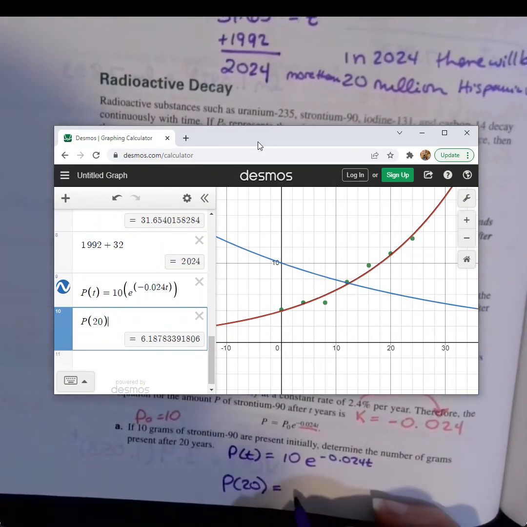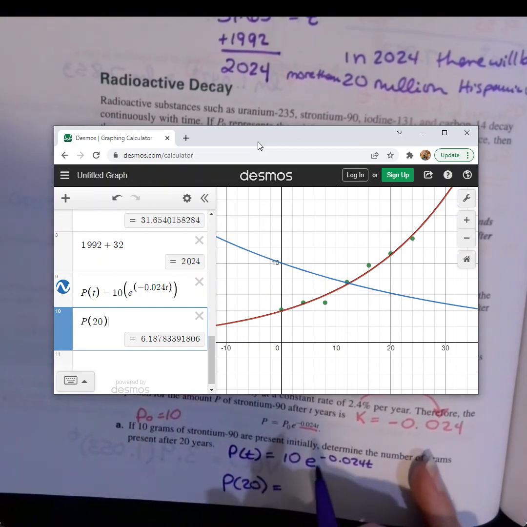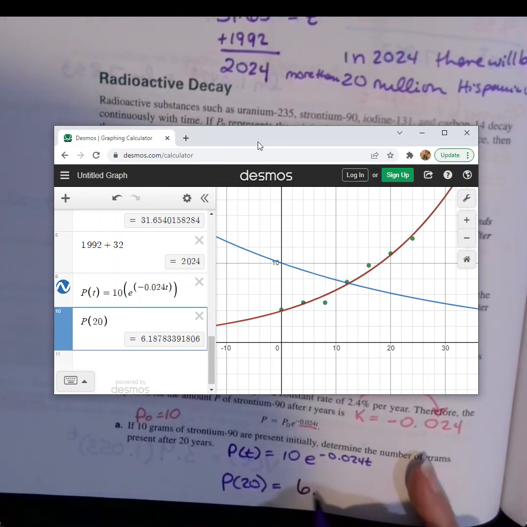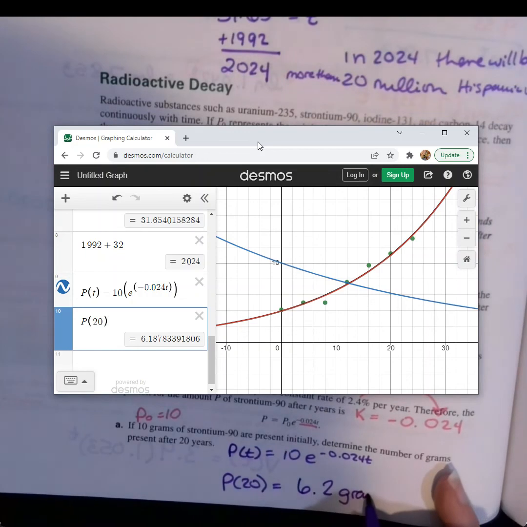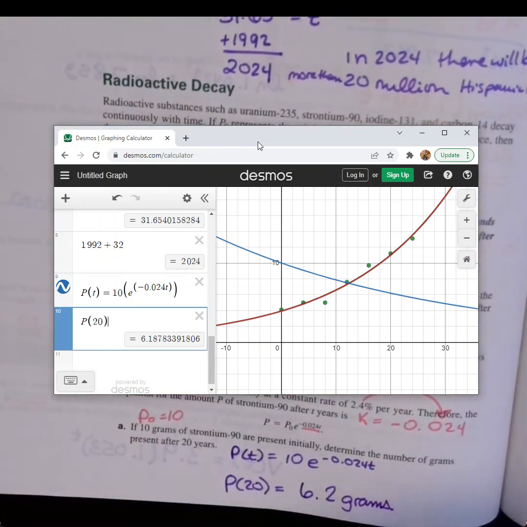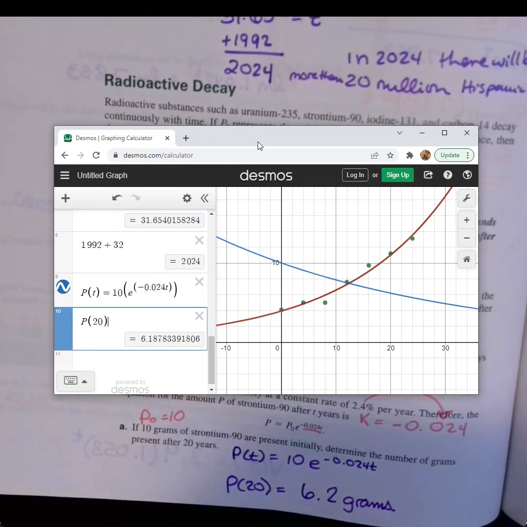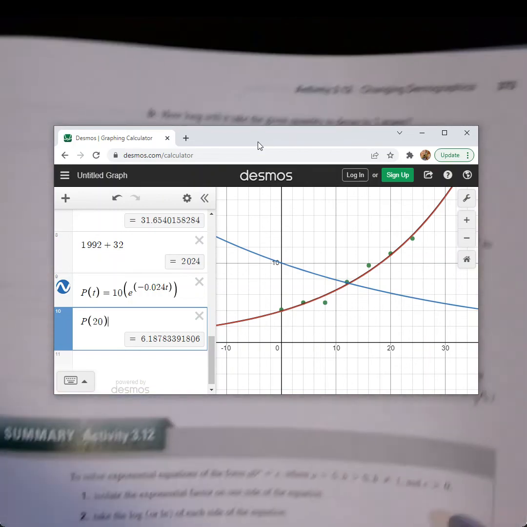So there used to be 10 grams initially, and then after 20 years, there's going to be 6.2, say, grams. Or 6.19 grams of strontium left, depending on what they need us for rounding. So we'll just go for 6.2 for right now. All right, onward.